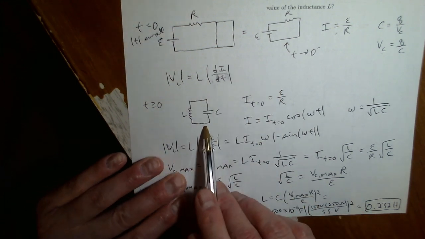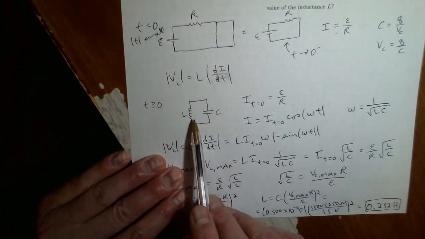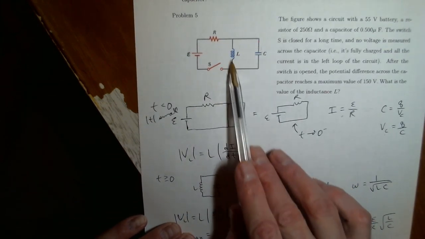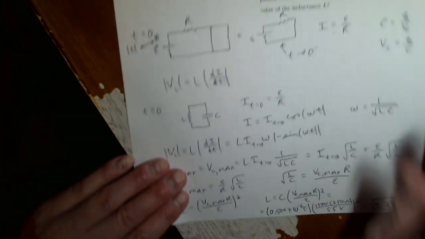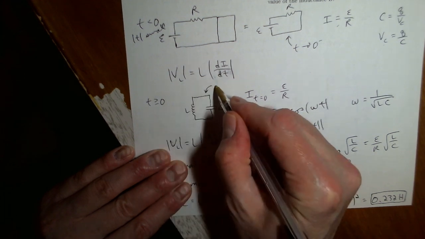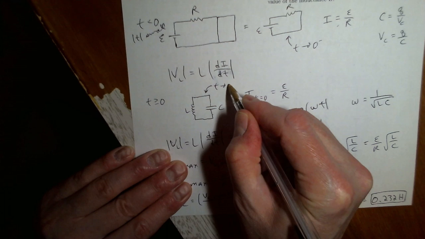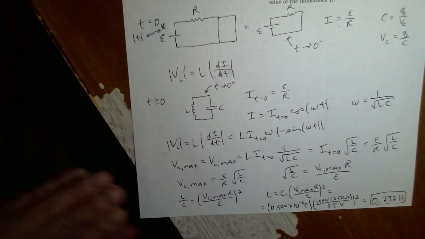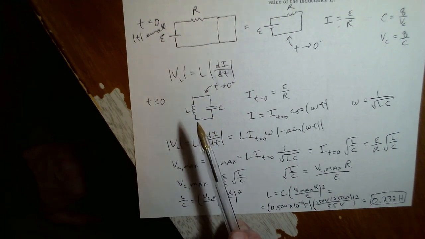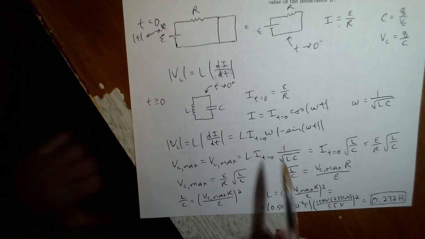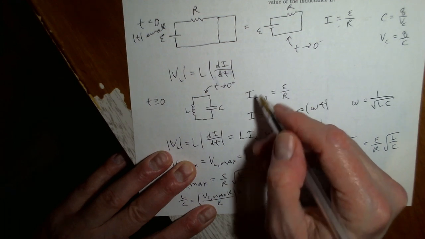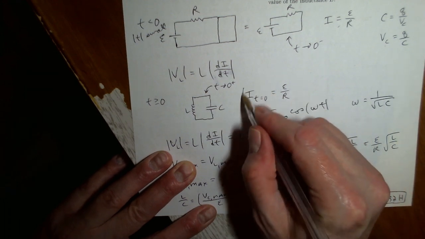After you open the switch, the circuit with the switch open is just these two things, the inductor and the capacitor. So the other thing to remember is that when you open the switch, so that time goes to 0 plus, the circuit is just the inductor and the capacitor, and the inductor keeps the current what it was immediately before the switch was opened.